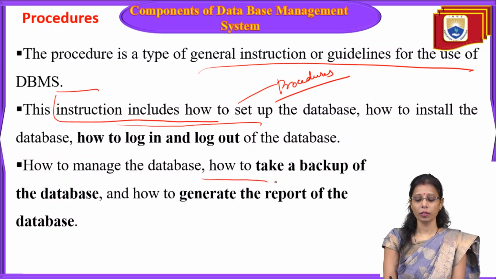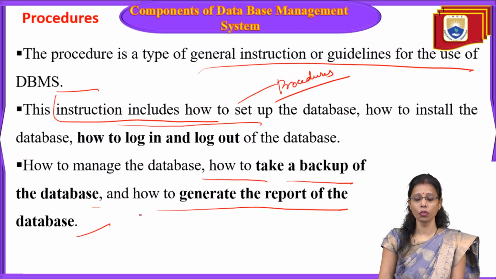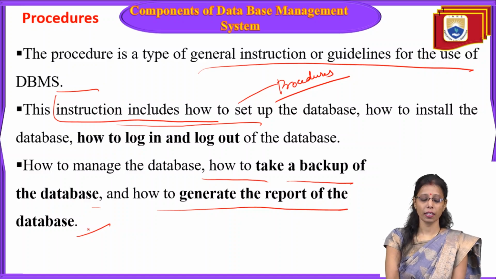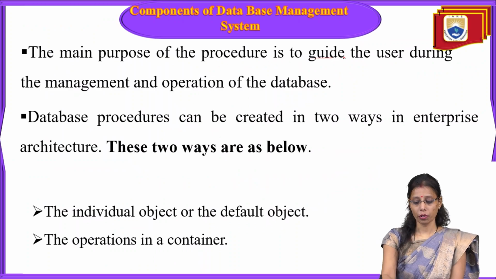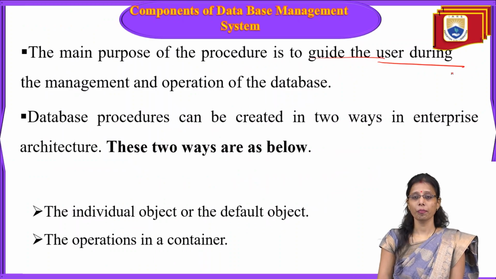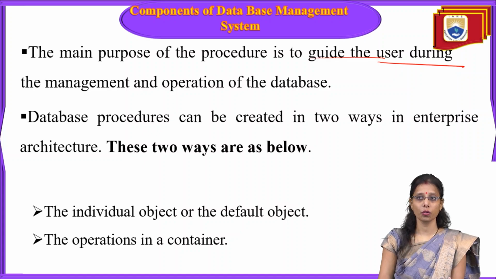How to manage the database, how to take a backup of the database, and how to generate the report of the database, that also we should know. All of this is useful in the database system. The main purpose of procedure is to guide the users during the management and operation of the database.